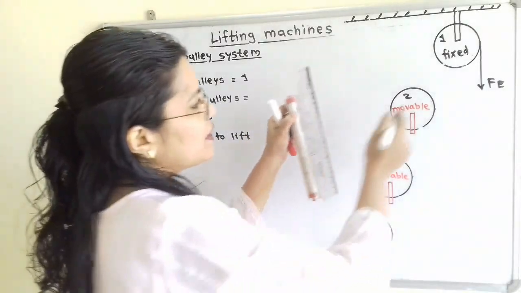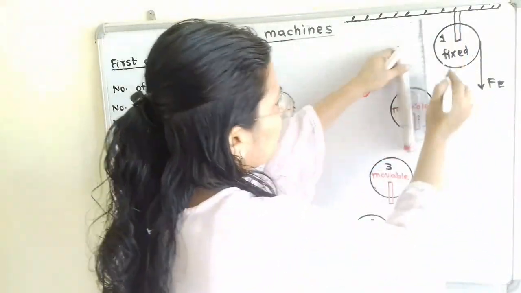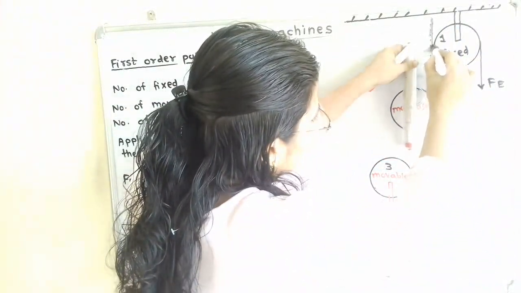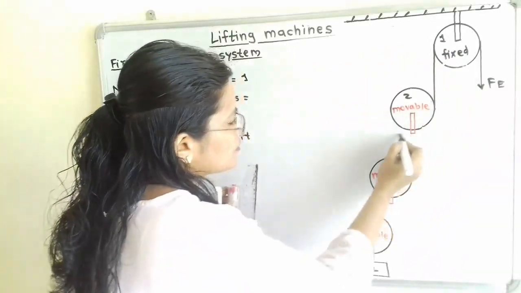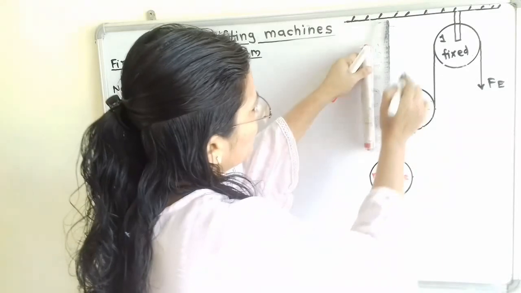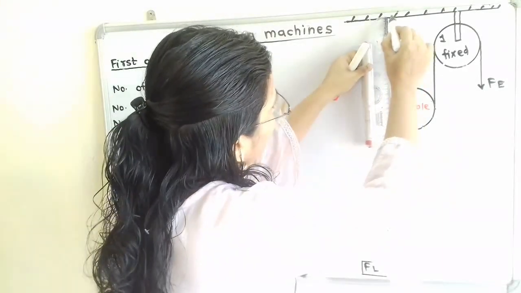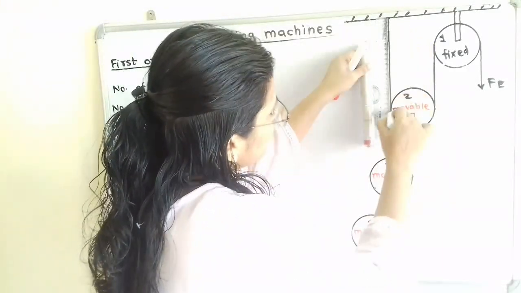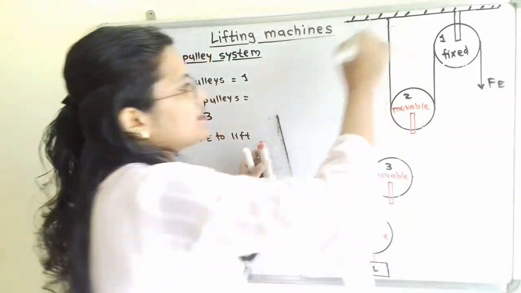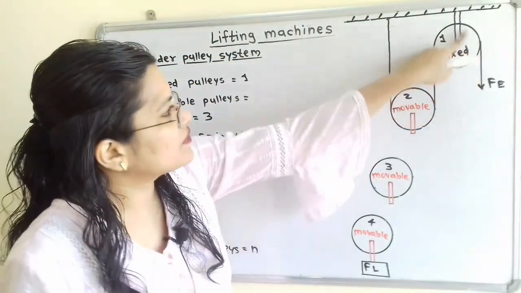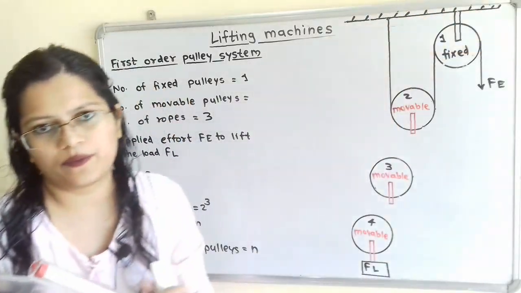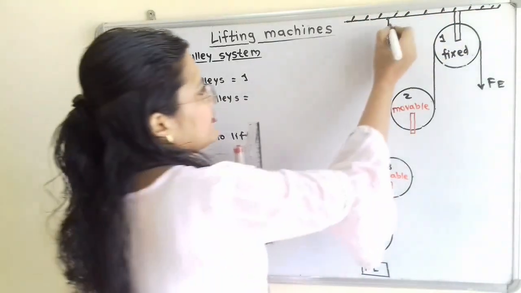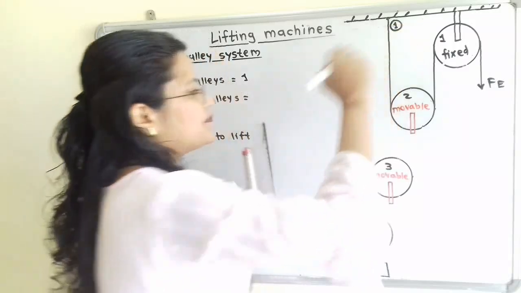So I will show here this rope is passed over the pulley number 1. Now again it is passed through the pulley number 2. And now this rope number 1 is fixed, that is other end of the rope number 1 is fixed to the support at the top. So I will say that this is the rope 1.